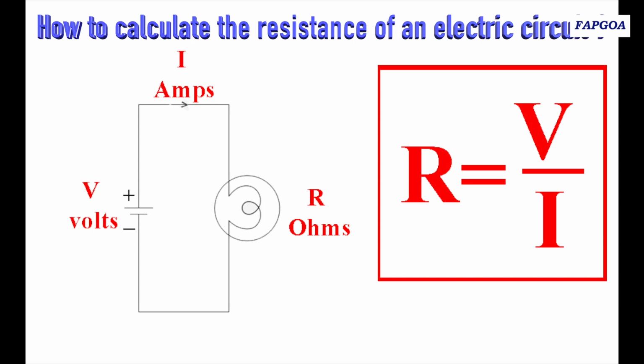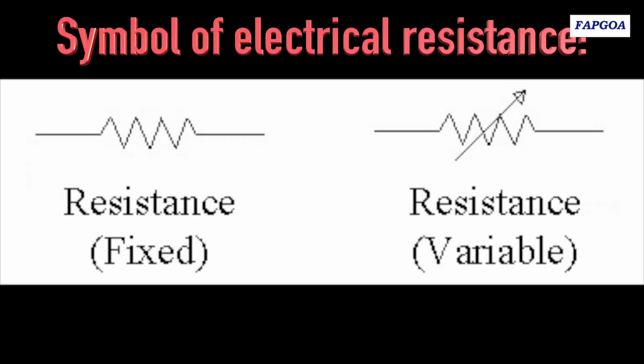Voltage is represented by V and is measured in volts, while electric current is represented by I and measured in amperes. To calculate the value of the resistance, we use Ohm's law formula, that is R = V/I.